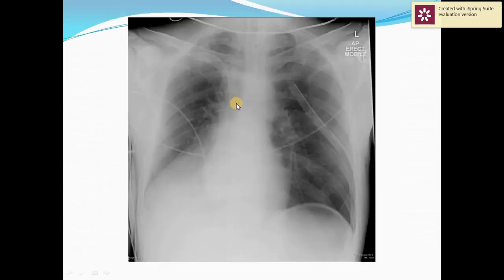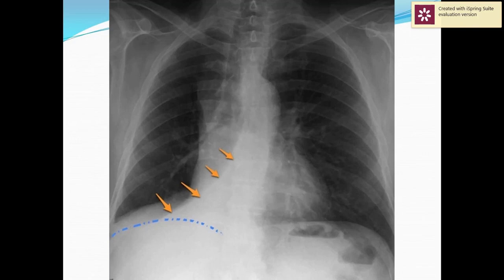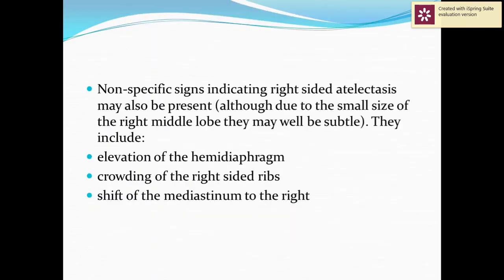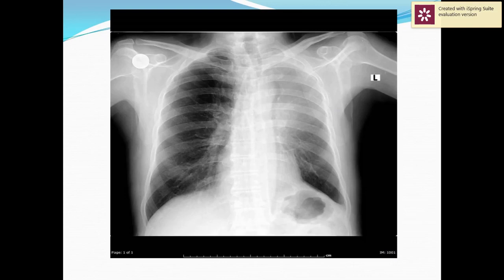This is the right lower lobe collapse, and also this is right lower lobe collapse. This is Luftsichel sign, a left upper lobe collapse, and there is haziness on the left side of the chest X-ray, like a curtain, the veil sign in the left side.